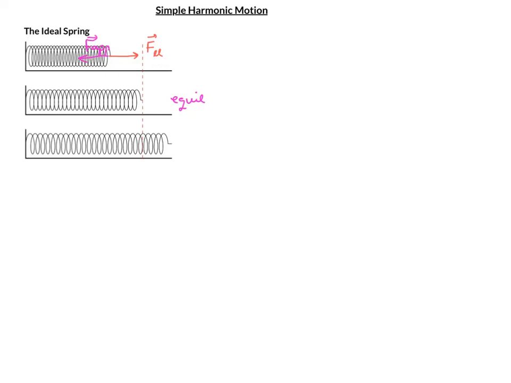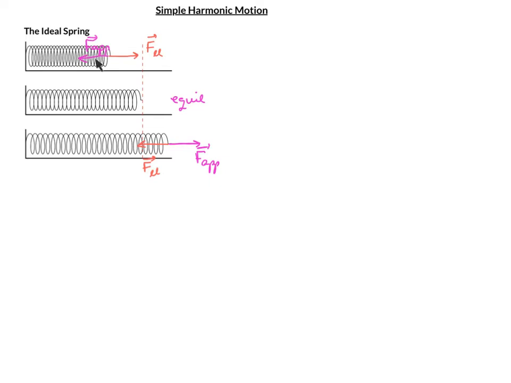Now in the third situation, I am actually stretching the spring. So the applied force is to the right, and the spring's response is to pull back on it. So this will be the elastic force, the spring force, trying to bring the spring back to equilibrium. So this elastic force is going to be a restoring force.